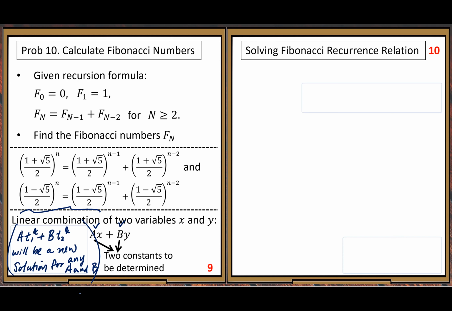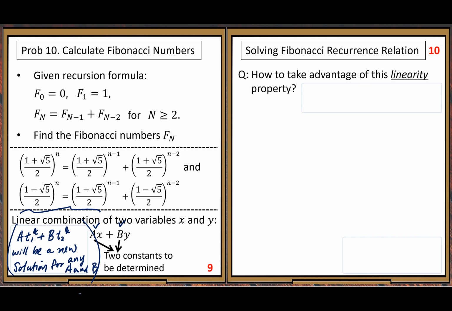The reason we get this for any capital A and any capital B is that if you plug it into our original recurrence relation, by the linearity property this must be a new solution. That's why the linearity property is important for this equation.